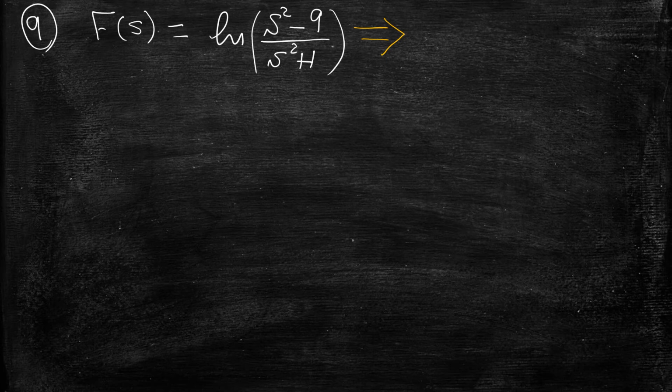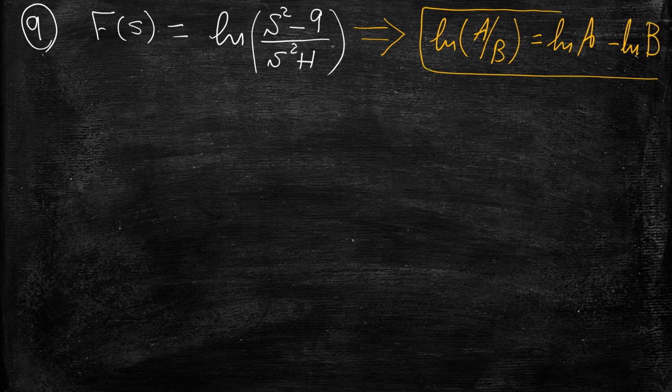If we are differentiating this function, it will be much easier to use the properties of ln or any logarithmic function. If we have a division inside the logarithmic function, it becomes a subtraction between two logarithmic functions. This gives us a more comfortable way to differentiate the function.